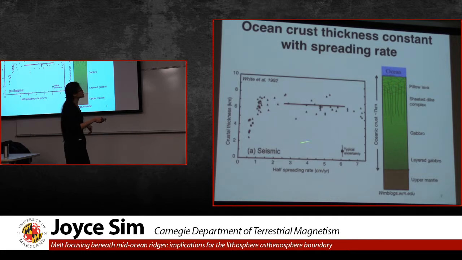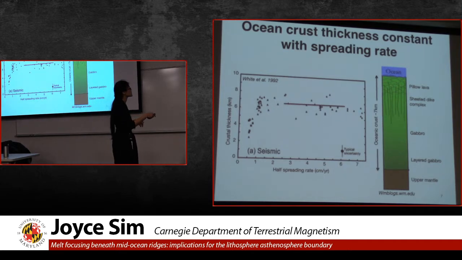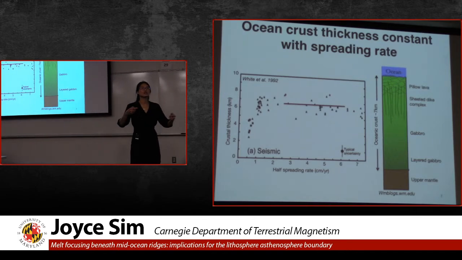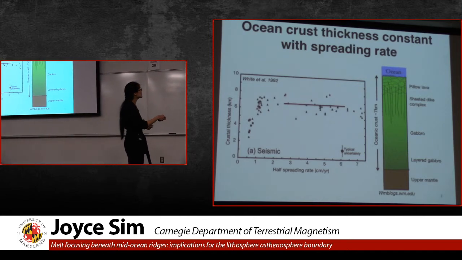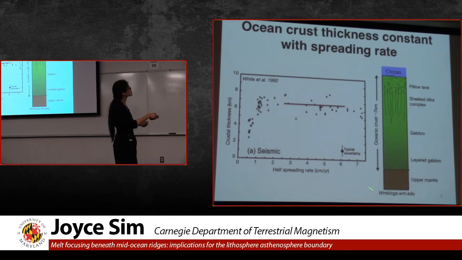What you see here is that above 1 centimeter per year half spreading rate, the oceanic crustal thickness is fairly constant. That's surprising given that they have a lot of different spreading rates. And on the right here, I'm showing what that roughly 7 kilometers consists of.